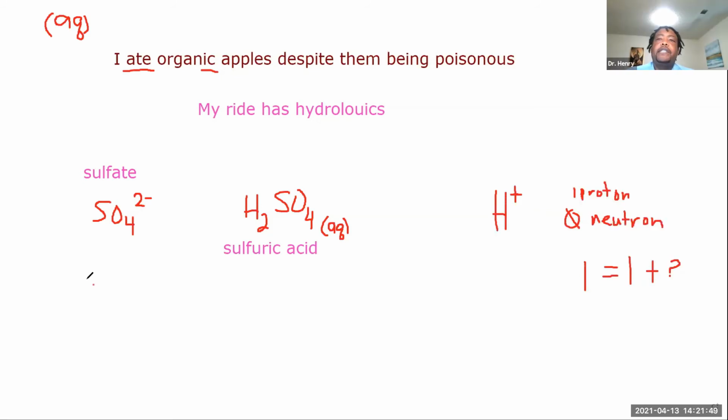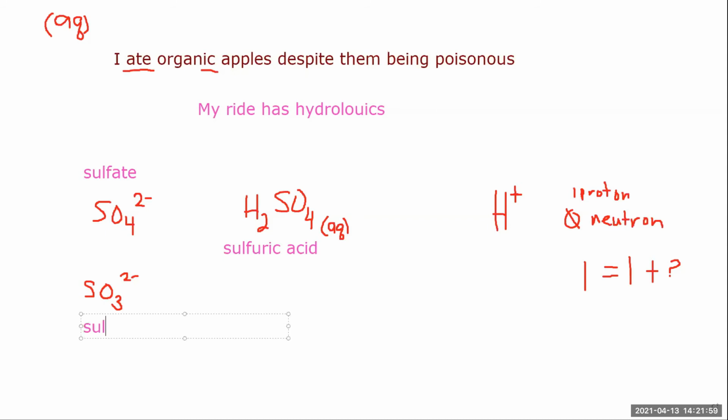If we have sulfite, what is this guy called? Sulfite. For ite, we use the ous.